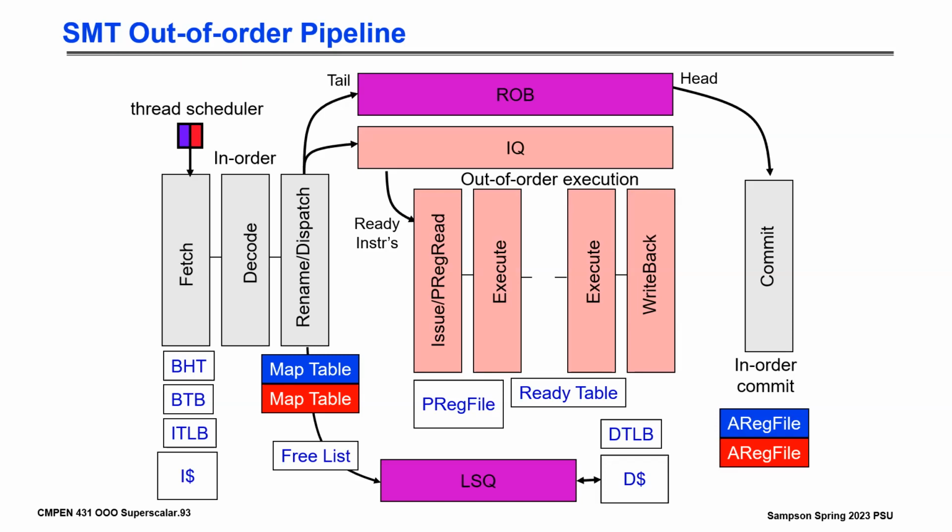But if you're looking at the marginal return on transistor investment, then, at least for modest numbers of threads, it depends on whether I already have an aggressive out-of-order core. If I've only got a 2-wide out-of-order core that's pretty lean with relatively small IQ and ROB structures, like maybe a 16 entry IQ, I don't want to SMT that.